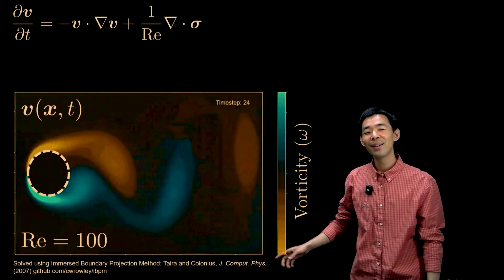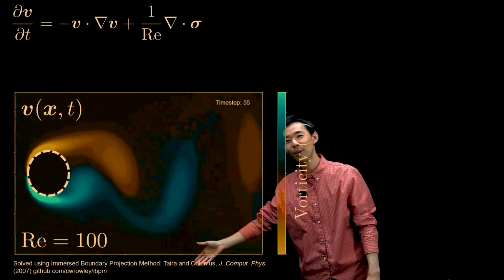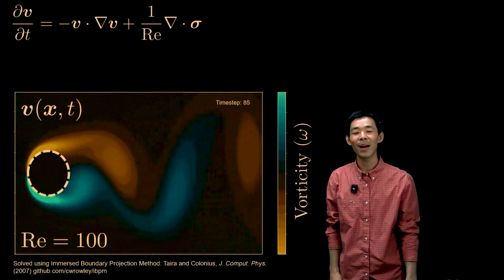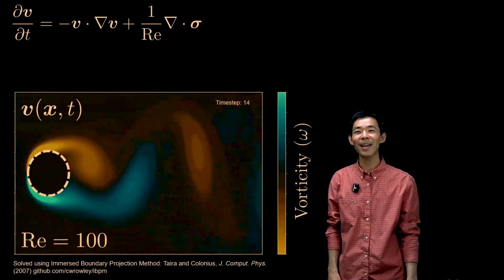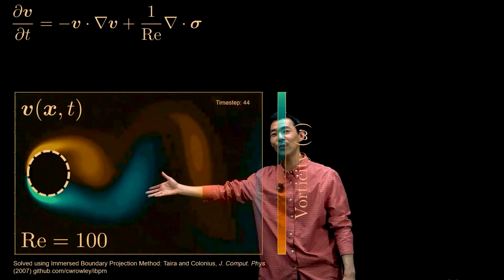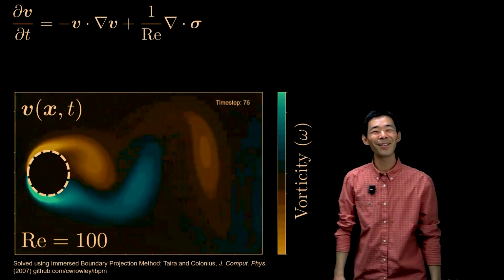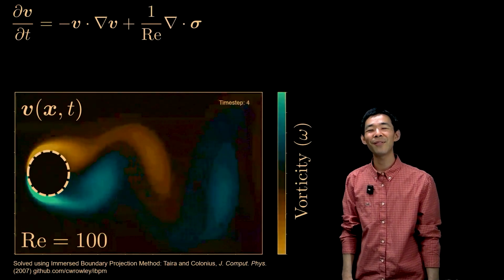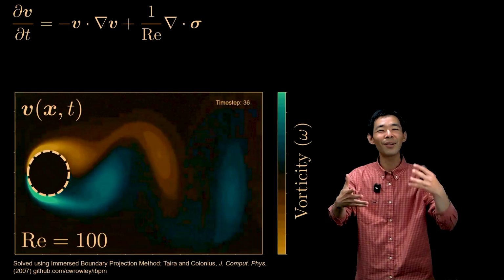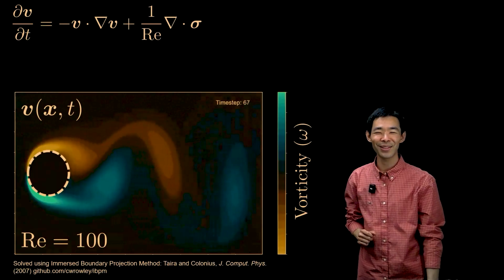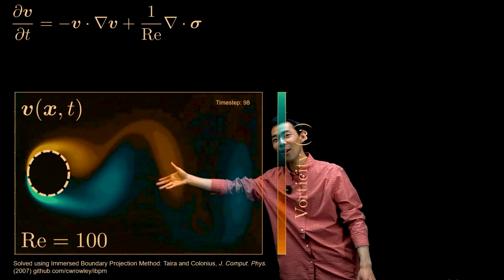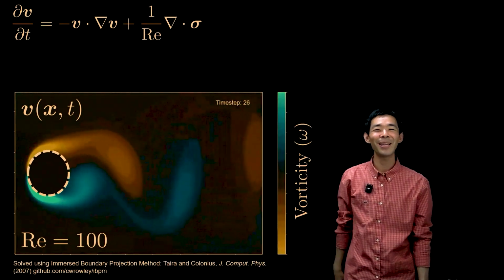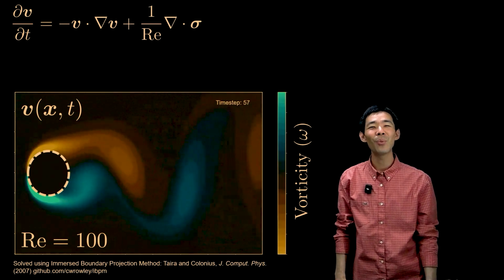And this solution was obtained using the immersed boundary projection method by Professor Colonius's group at Caltech. And you can produce these beautiful color contour animations of the fluid field and the velocity, the vorticity streaming around the cylinder. You can see these von Karman vortex shedding coming out from the back of the wake of the cylinder.